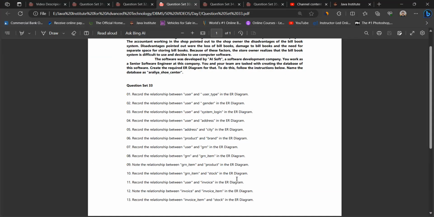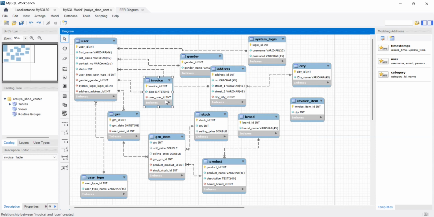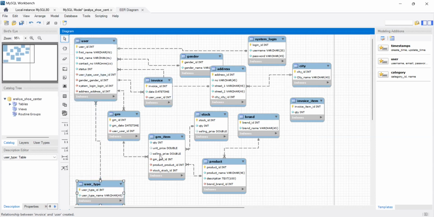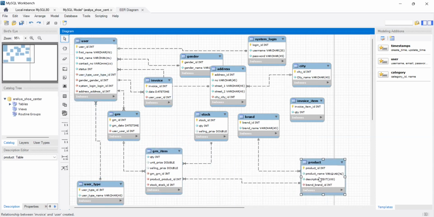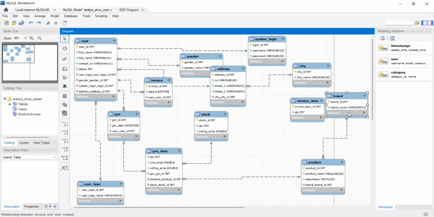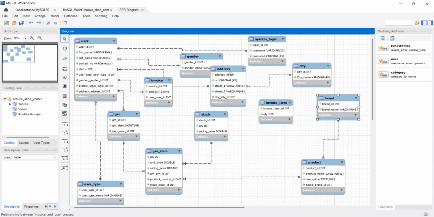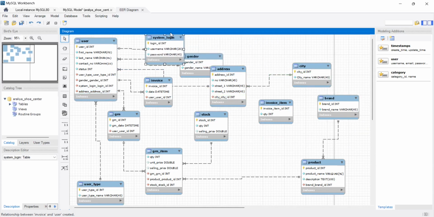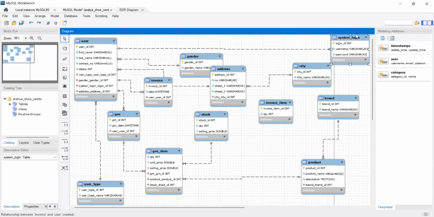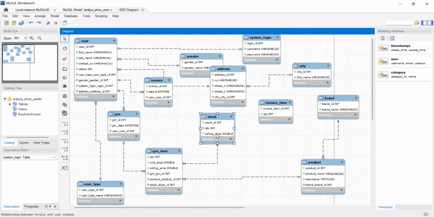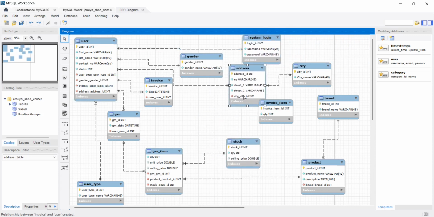So if we consider the next question, record the relationship between invoice and invoice item in the ER diagram. Invoice and invoice item.